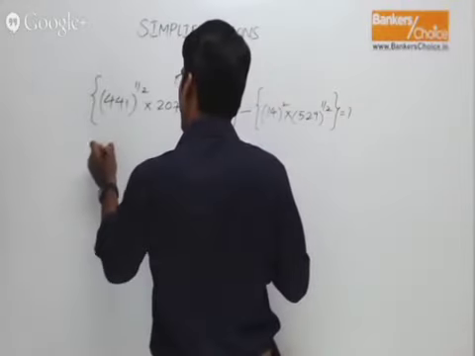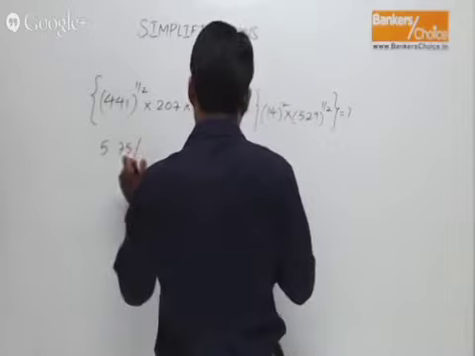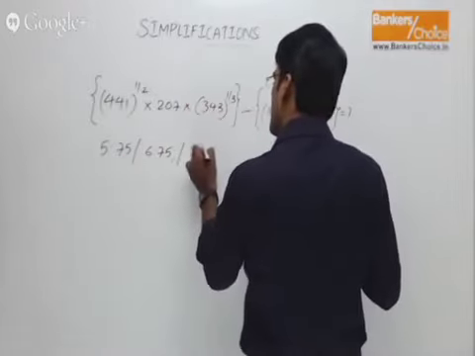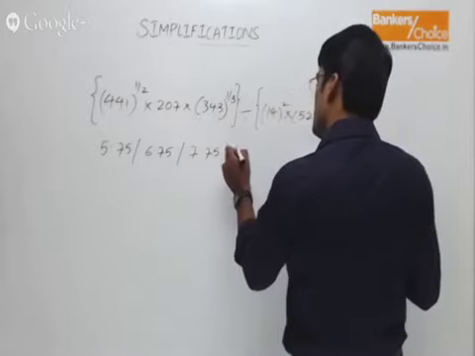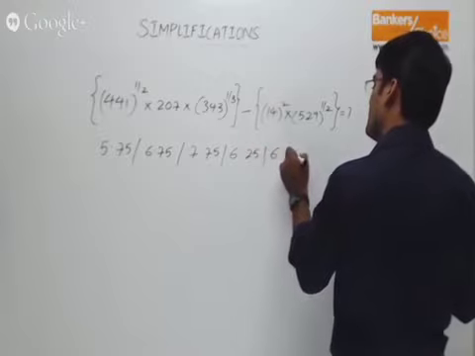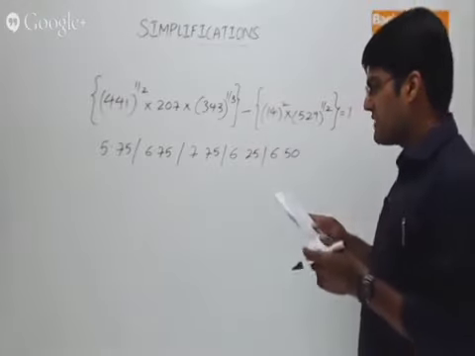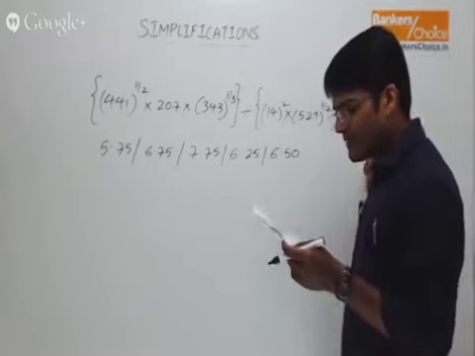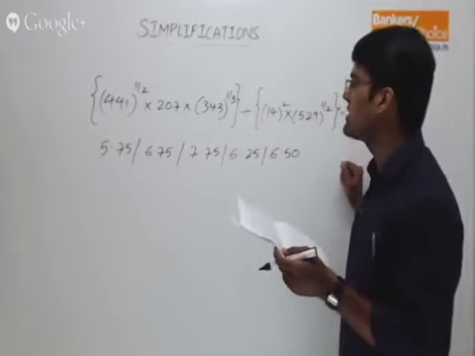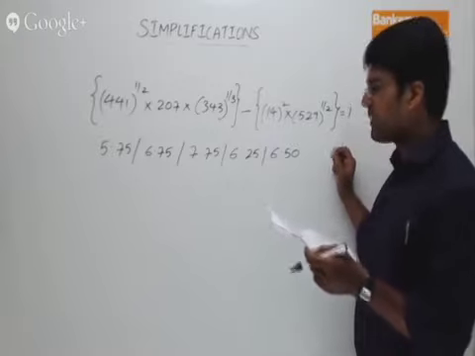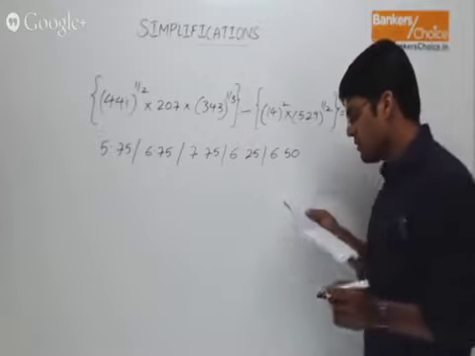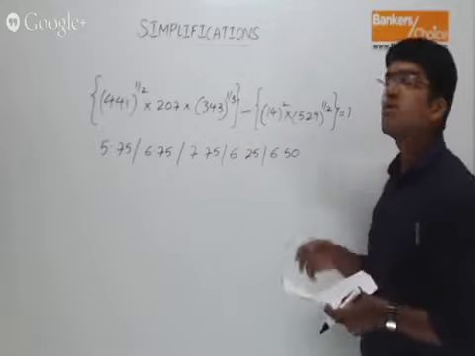So the options here are 5.75, 6.75, 7.75, 6.25 and 6.5.